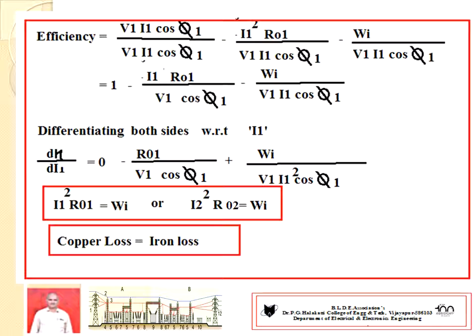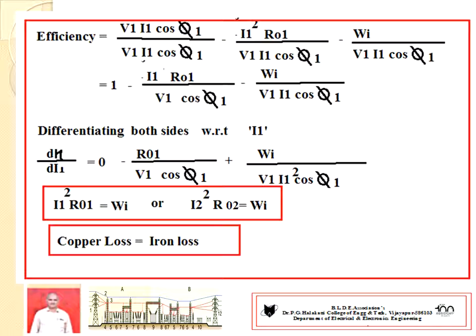Divide each term by V1 I1 cos phi 1. Hence the above equation becomes V1 I1 cos phi 1 divided by V1 I1 cos phi 1, minus I1 square R01 divided by V1 I1 cos phi 1, minus Wi divided by V1 I1 cos phi 1.